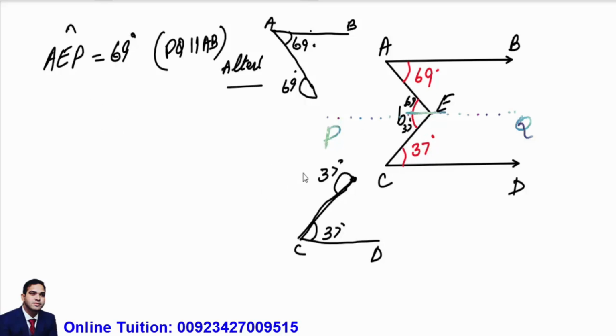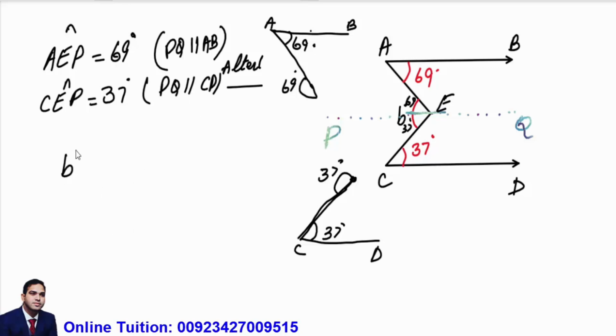Okay, alternate. Now angle CEP is 37 degrees, because this is an alternate angle, and in this way PQ is parallel to CD.